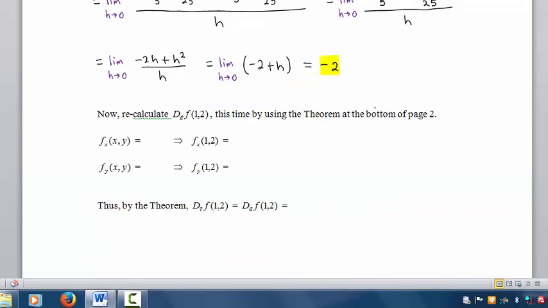Back here to the bottom of page 3, calculating the directional derivative. Using the theorem at the bottom of page 2, we need to compute the partial derivative of f with respect to x, that's 2x, evaluated at 1, 2, we get 2. The partial derivative of f with respect to y is 2y, evaluated at 1, 2, we get 4.